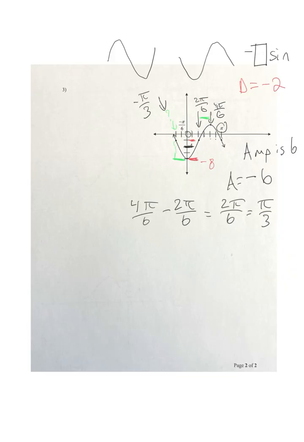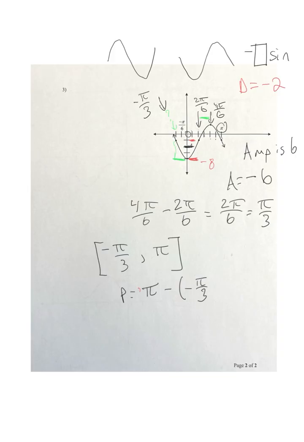So the interval of one period would be from negative pi over 3 to completes a cycle of pi. So the period would be the difference between those, pi minus negative pi over 3.